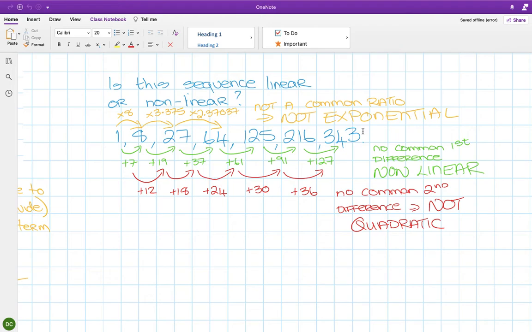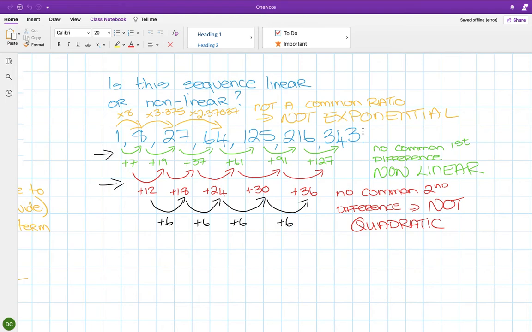To check whether it was linear, we did the first difference. To check whether it was quadratic, we did the second difference. Now, I don't know if you spotted this when I was doing it, but you can look at the third difference. And look at it. From 12 to 18, that's plus 6. From 18 to 24 is plus 6. 24 to 30 is plus 6. 30 to 36 is plus 6.